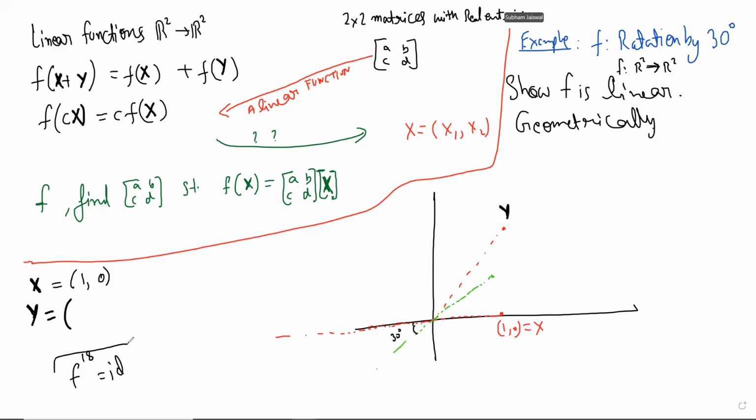The order of a function has nothing to do with it. But that is not the point. This 30 is not important. It will work even for irrational degrees where you will never come back.